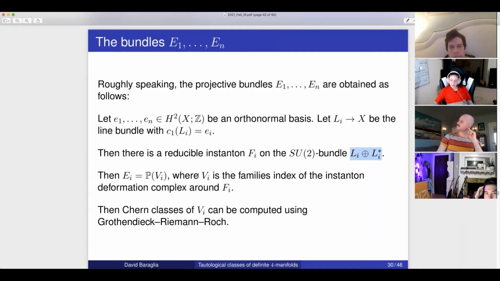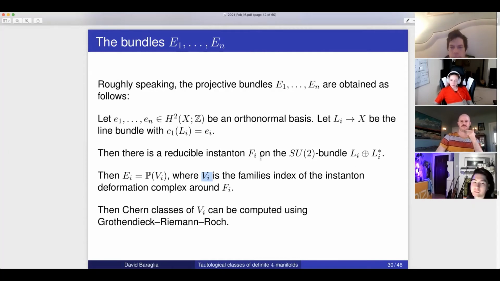So what you do is, if I was just doing this for a single four-manifold X, I would take the index of the deformation complex. The deformation complex is basically the Atiyah-Hitchin-Singer complex tensored with the adjoint bundle of this SU(2) bundle.